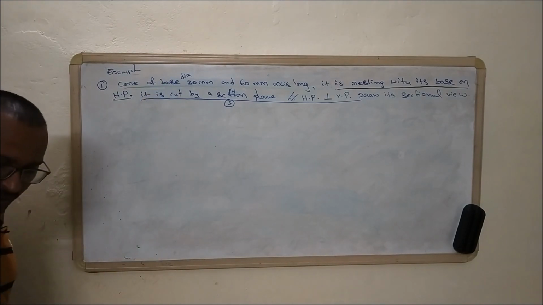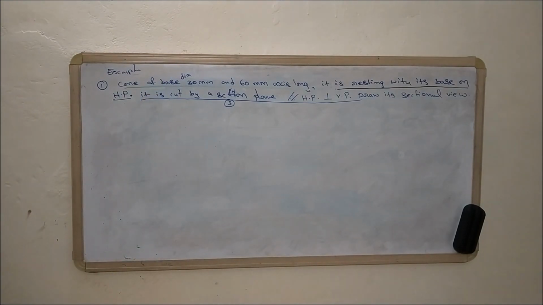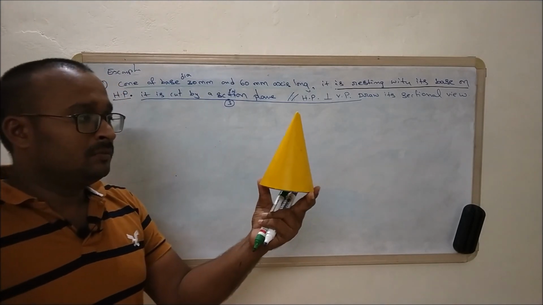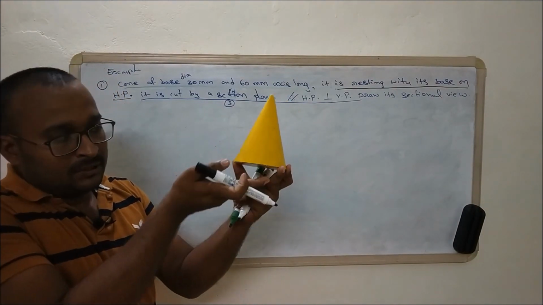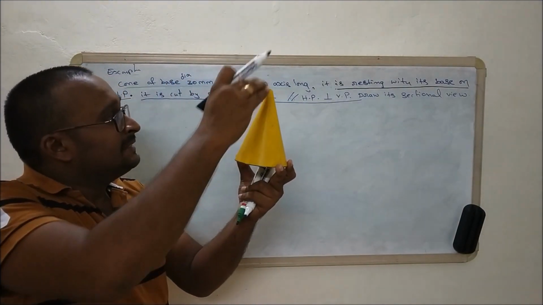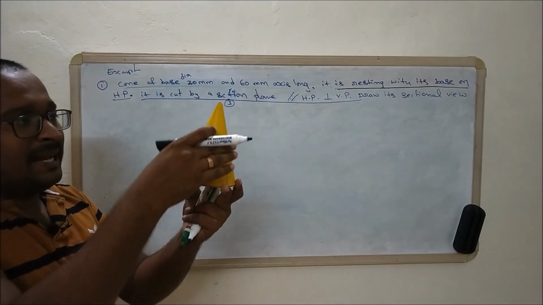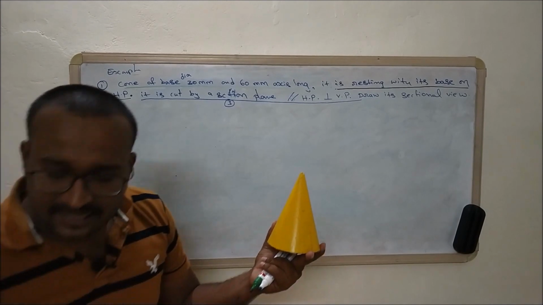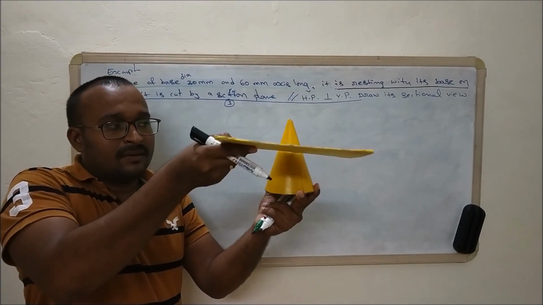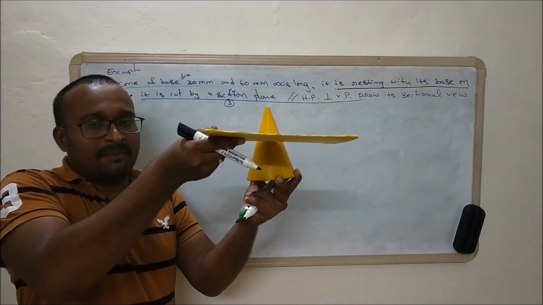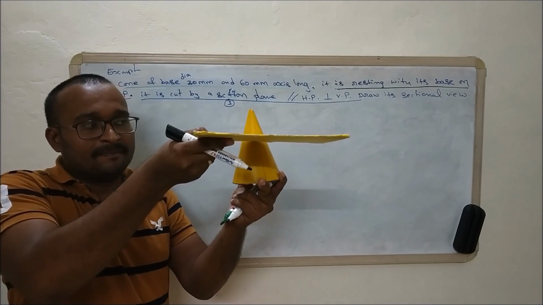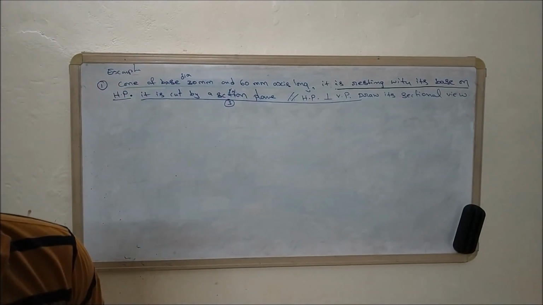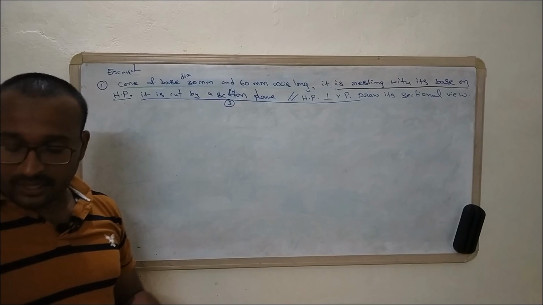So as of now we know that a cone having base diameter of 30 and height 60 mm is resting with its base on HP and it is cut by a section plane like this. Automatically the top portion will be removed.